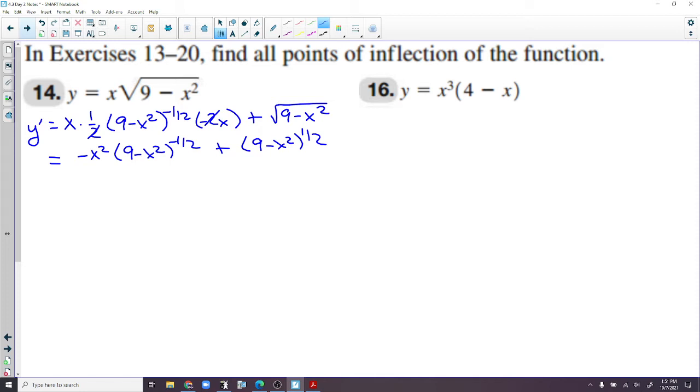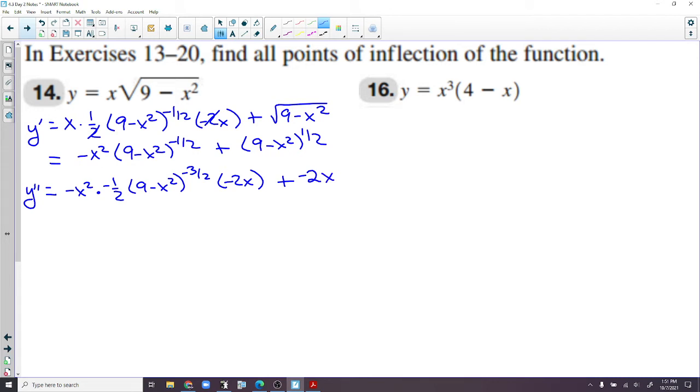All right. Oh boy, now we got to do the second derivative. That'll be fun. First times the derivative of the second. Negative 1/2, 9 minus x squared to the negative 3/2 and times negative 2x. There's first times the derivative of the second plus the second times the derivative of the first.